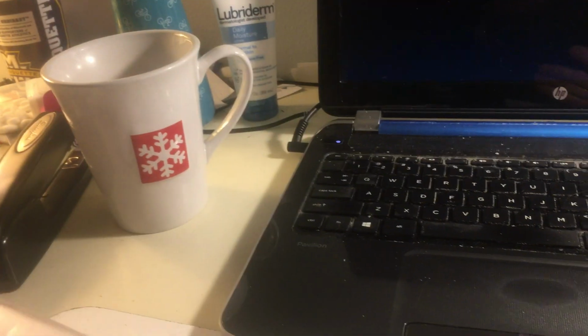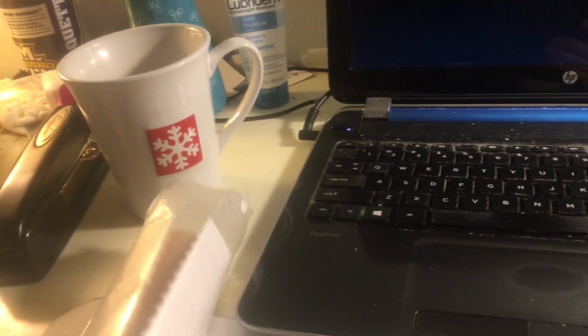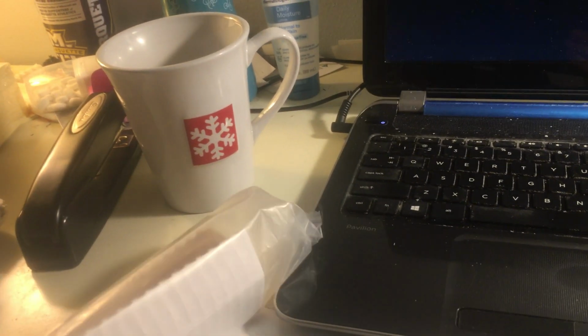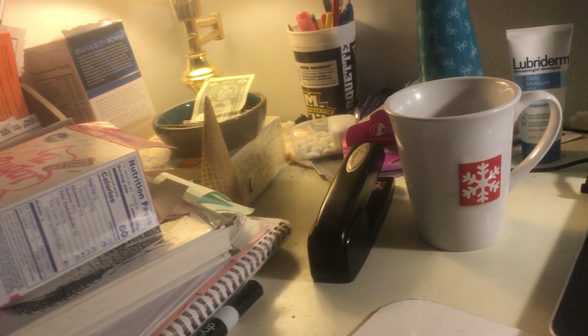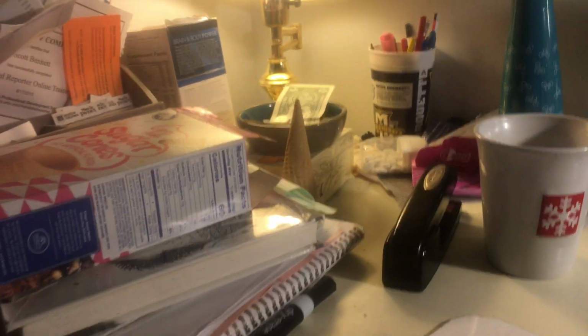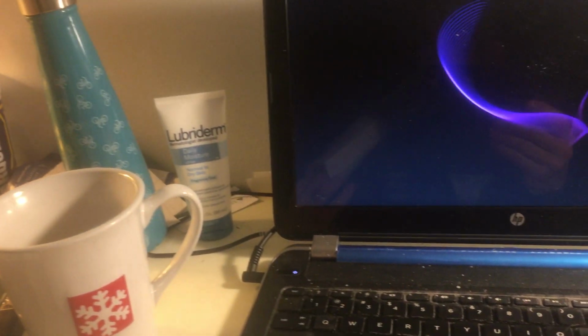Please don't break. This is hard to do when I'm holding the camera with one hand, so bear with me. All right, I think I got it. This cone is not broken.